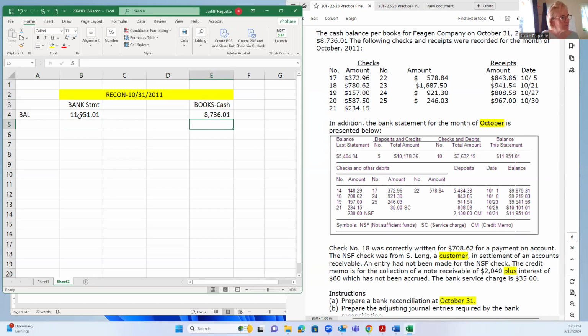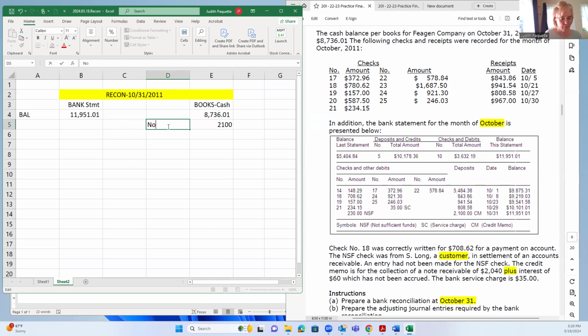Sorry, I said we were going to adjust the bank, but let's start with the books. They're easier. So we've got a credit memo of 2100, and we're going to add that. And what is the credit memo? They have to give you more information. So down here, they say the credit memo is for the collection of a note receivable of 2040 plus interest of 60. Okay.